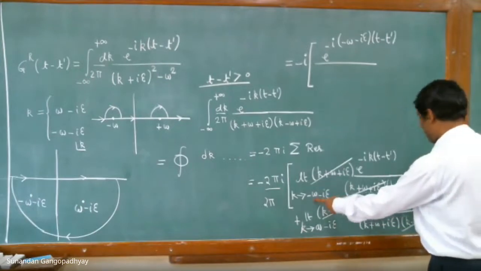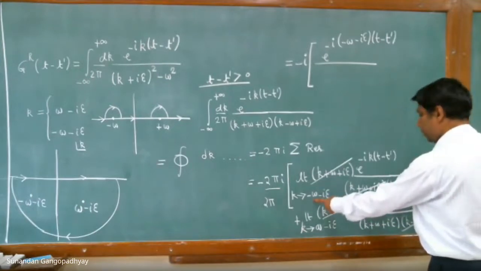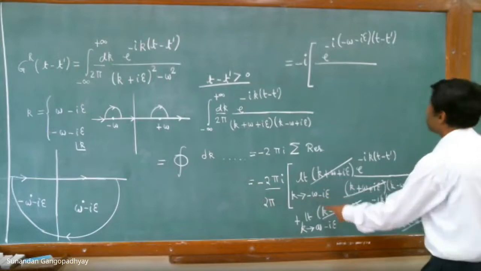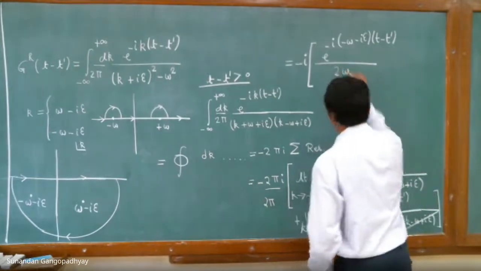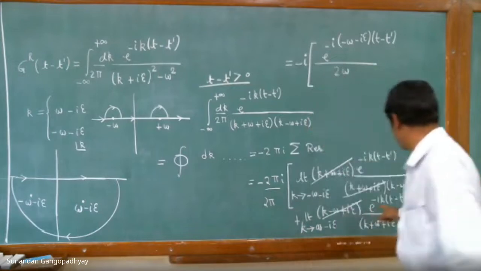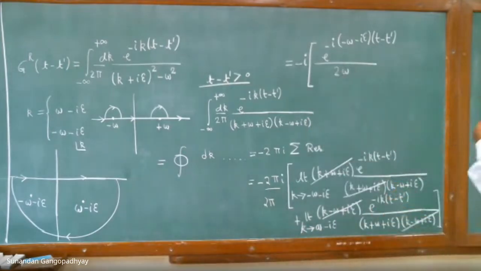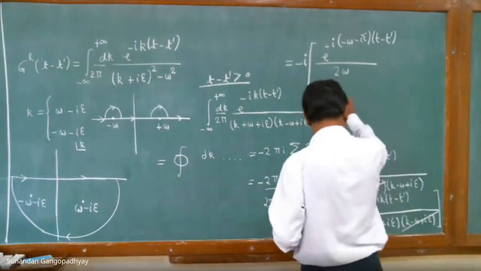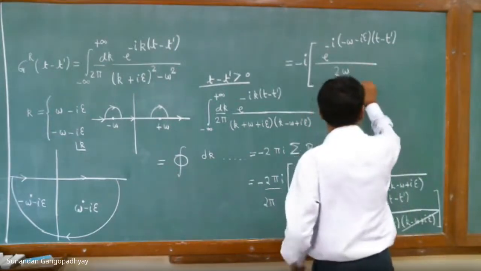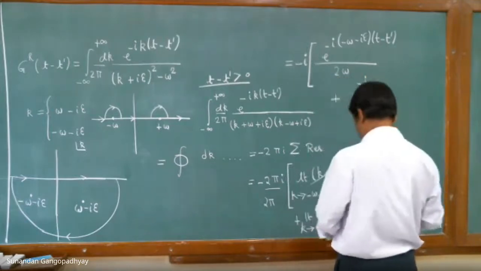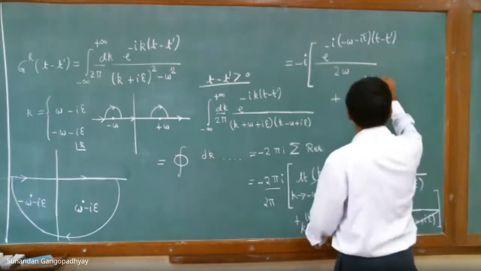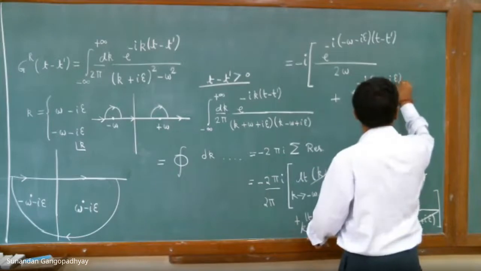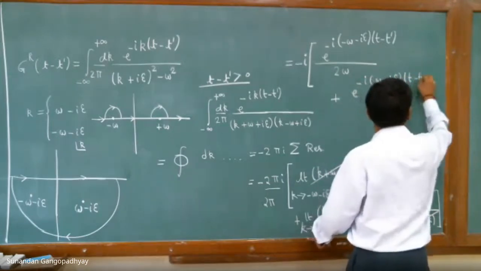So this will be minus omega. So this will give us minus 2 omega minus epsilon. So we will get 2 omega from here. And from here, similarly, we will get plus e to the power of minus i, where k is omega minus i epsilon, minus t prime.